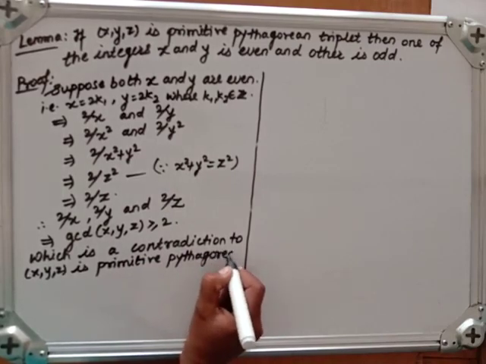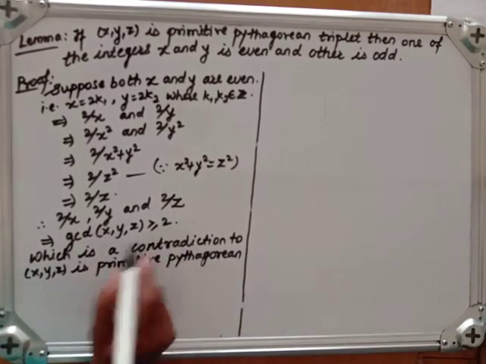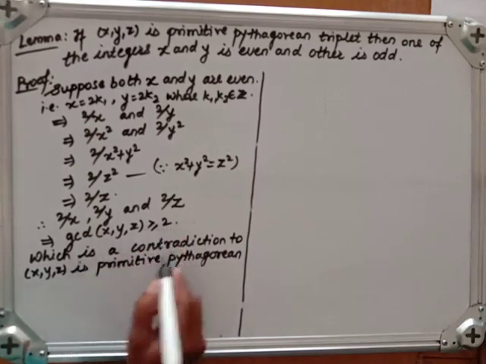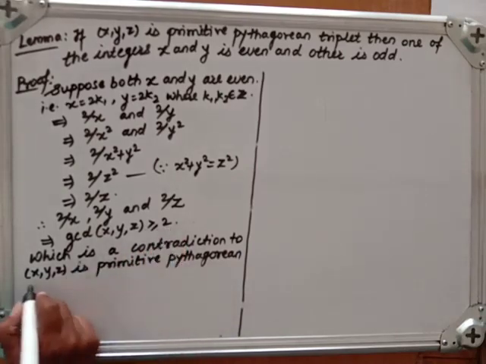If it is a primitive Pythagorean triplet, their GCD should be 1. It won't be greater than or equal to 2. That way it is a contradiction.